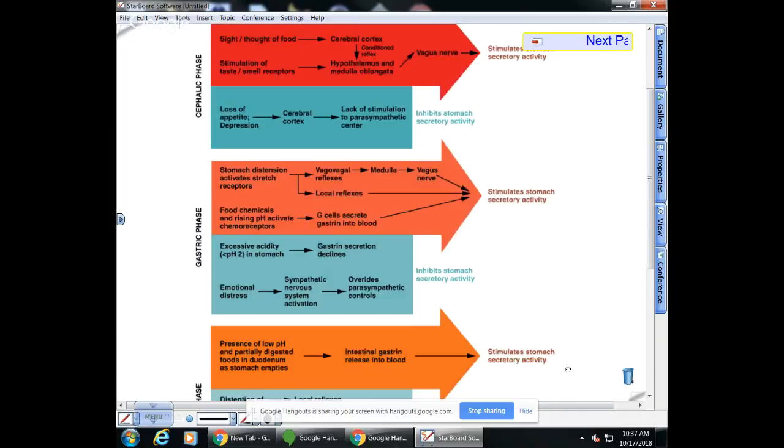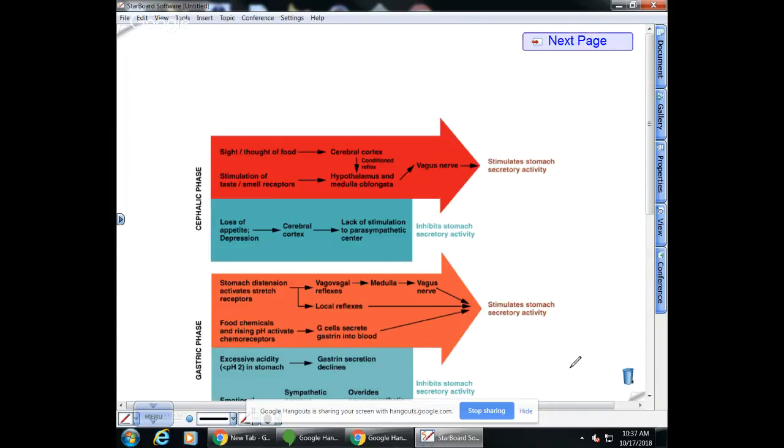Okay, so in your new book and in your old book, they have these diagrams that show the effects. So the sight or thought of food, the smell, that goes via the vagus nerve. That's stimulatory. So in this diagram, red is stimulatory and blue is inhibitory. So loss of appetite due to depression, for example, just inhibits stomach secretion activity. Right?